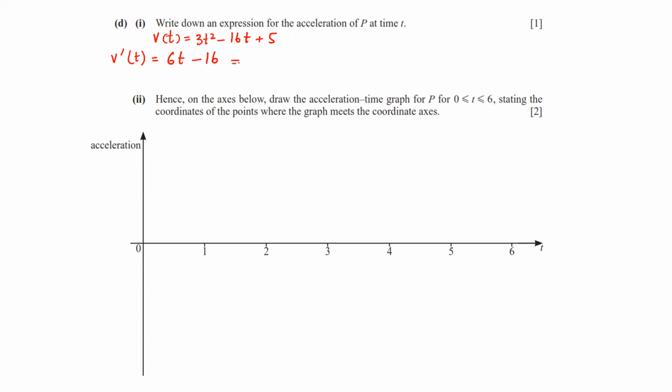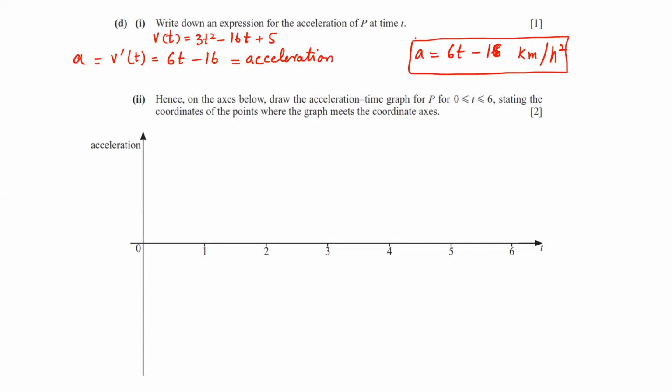Okay, and this is equal to acceleration, so let me call it a. So this is the expression. So a is equal to 6t minus 16, and this is acceleration. This is kilometer per hour square. Make sure you are using the correct units. Okay.